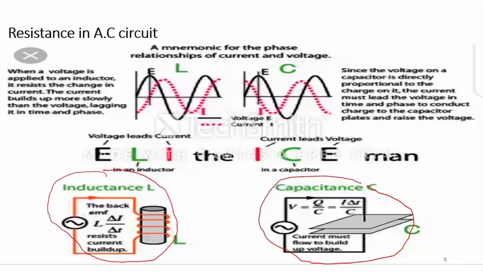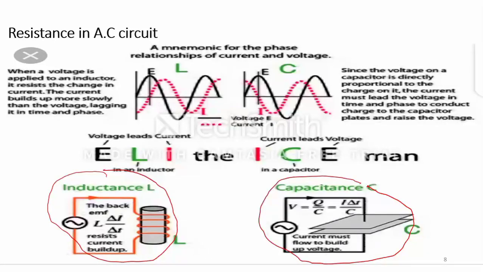You can say voltage leads current by 90 degrees, or current lags behind voltage by 90 degrees, or voltage leads current by a value of 1/4 cycle.